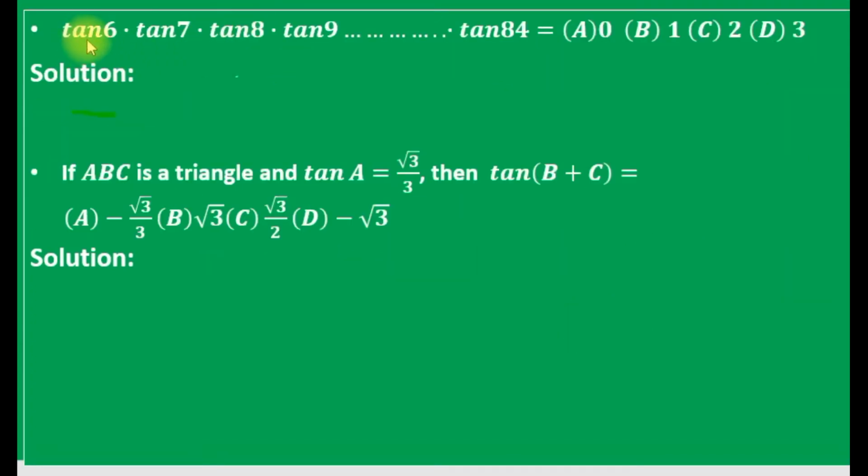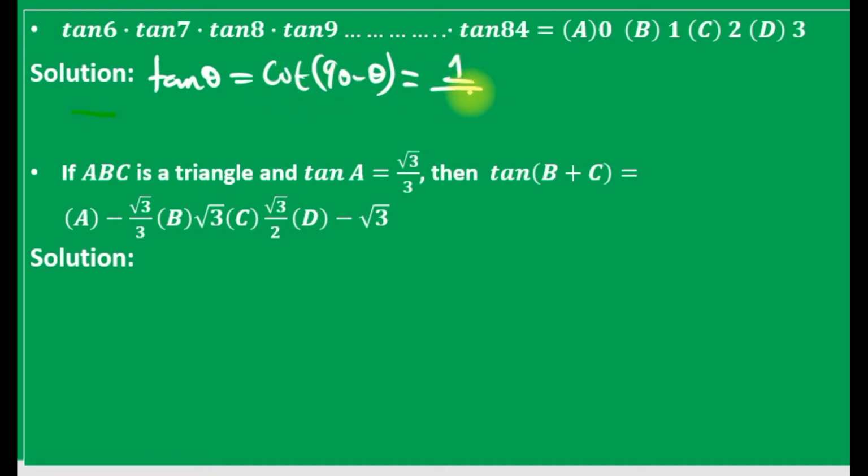We are asked to find the product of tan 6 times tan 7 times tan 8 times that. There is an identity I will use here. That tan theta is always cot 90 minus theta from our complementary identity. And again, cot is 1 over tan.